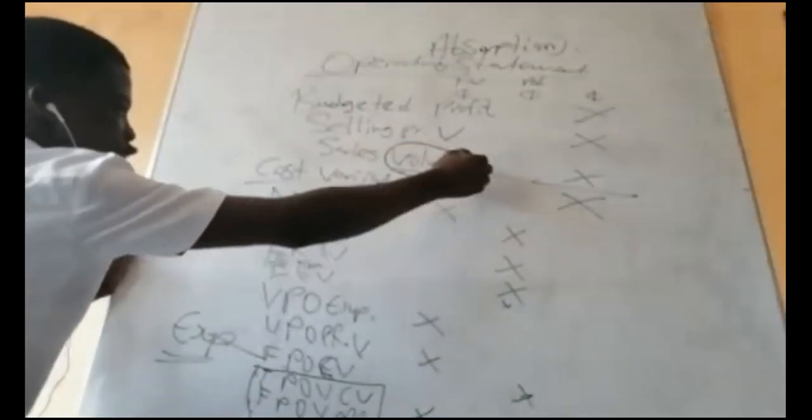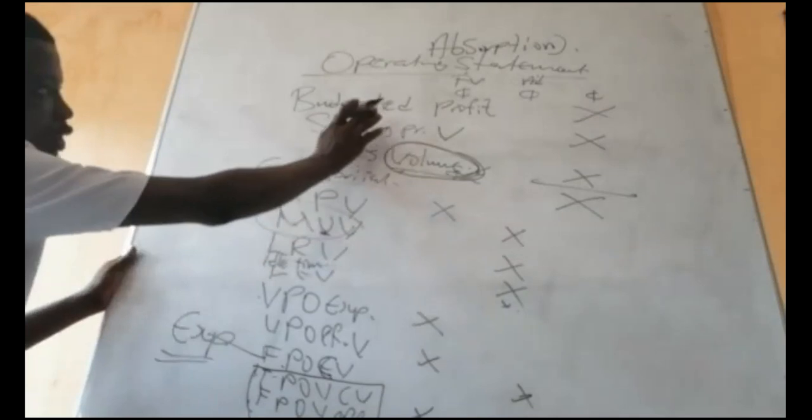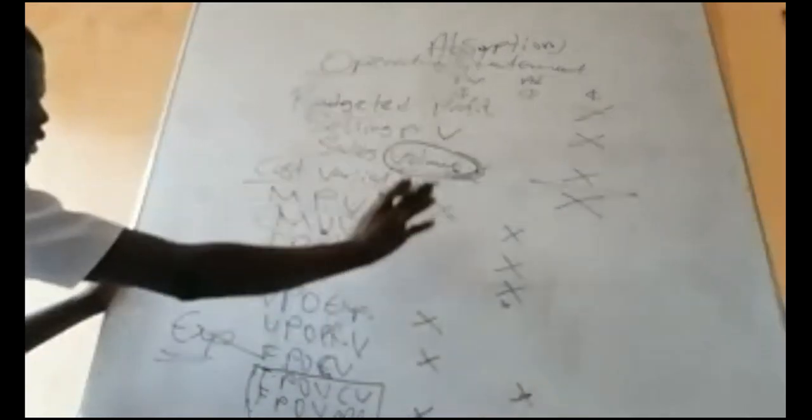You have to pick the contribution, because we said that the sales volume variance is the difference between the budgeted sales units and the actual sales units, multiplied by the standard profit or the standard contribution. If I'm using absorption, it is the standard profit. So what we've done here is the absorption.